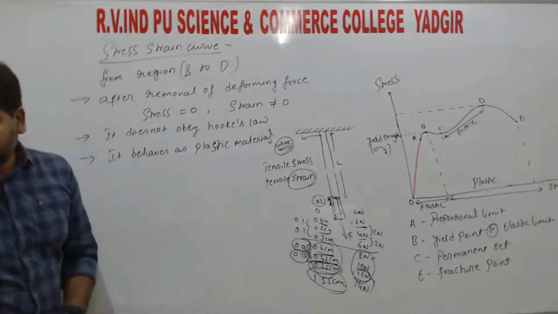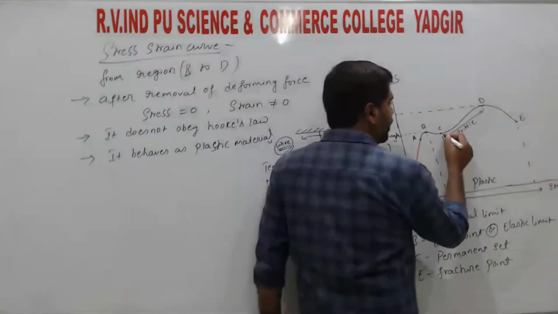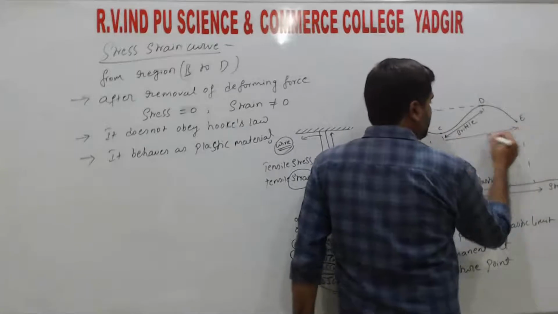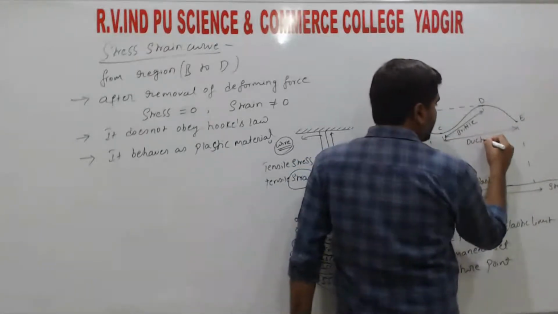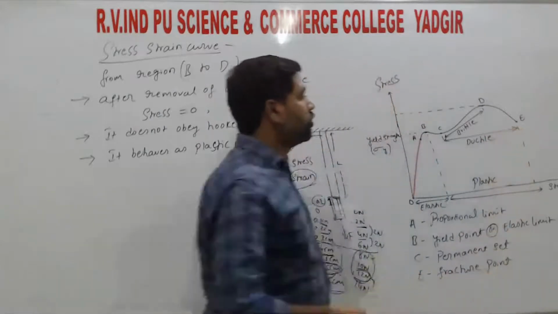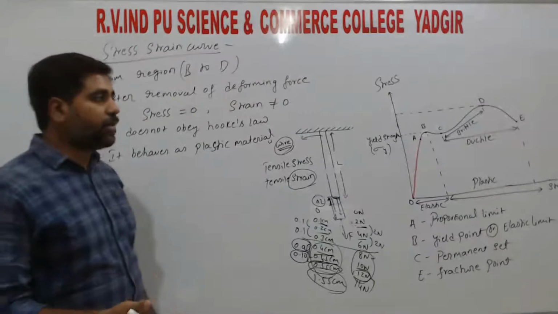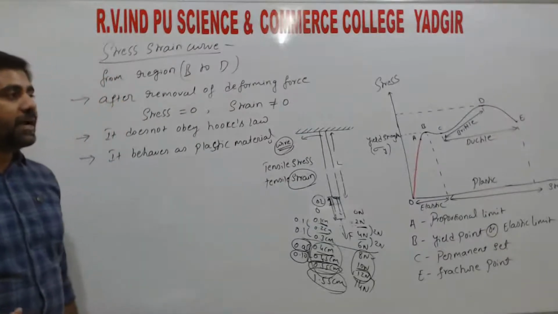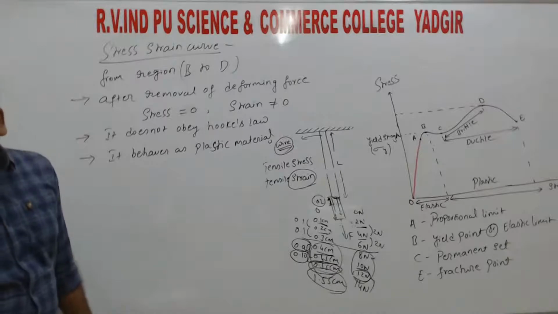So the region between point C and point E, what do we call it? Ductile, right? So the point between C and D is the brittle point, so that is the breakdown. So point C and E we call ductile, right?